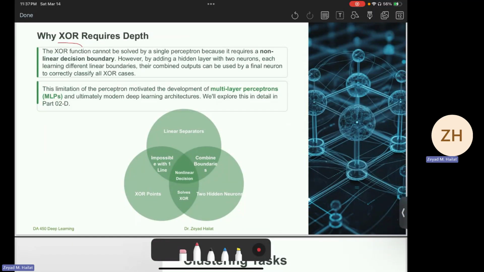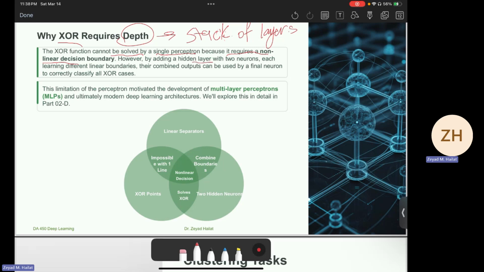Why does XOR require depth? The depth in here means a stack of layers, more than just a single layer. The XOR function cannot be solved by a single perceptron, as we talked about, because it requires a non-linear decision boundary.